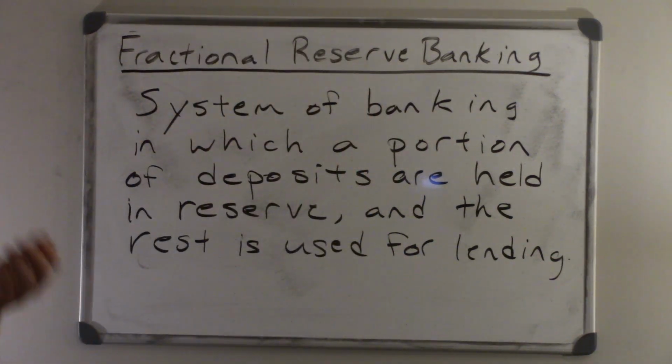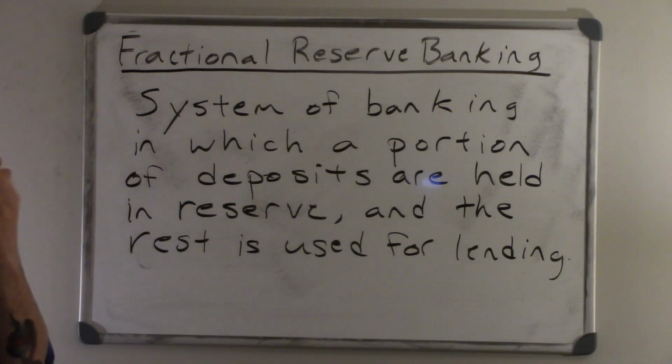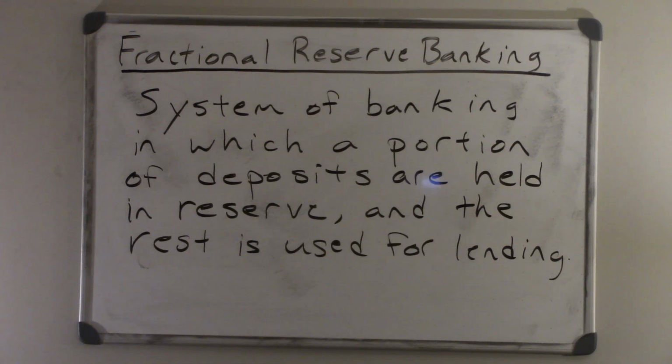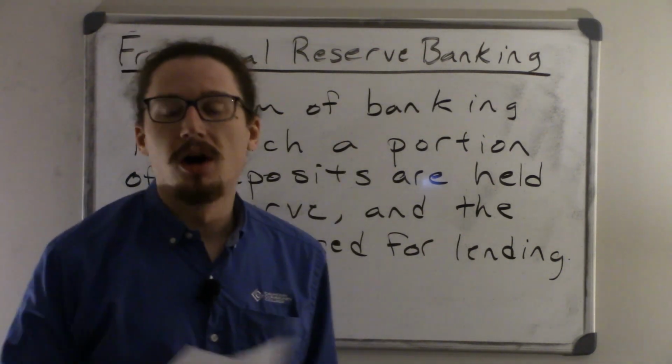All right, so when we deposit money with a bank, as we've mentioned in previous videos, that money doesn't just go into a little cubby that's got your name on it that you pull that money from. They don't just hold all of your money. They're going to hold some of it, that's the reserves, and then they're going to lend the rest. And that's why banks pay you interest on deposits.